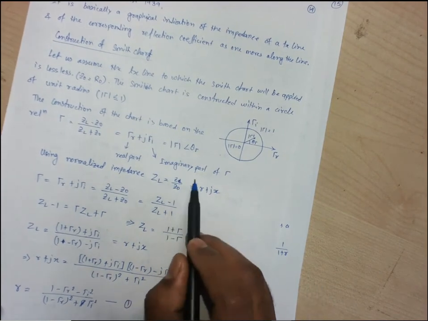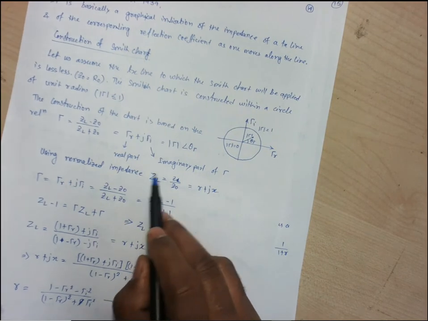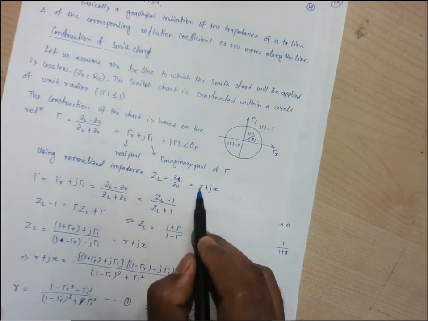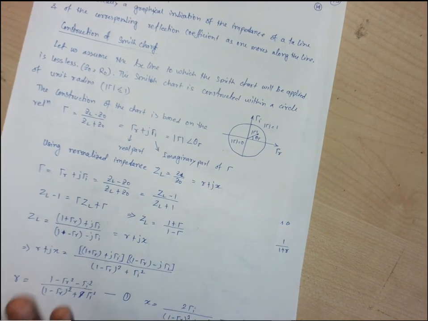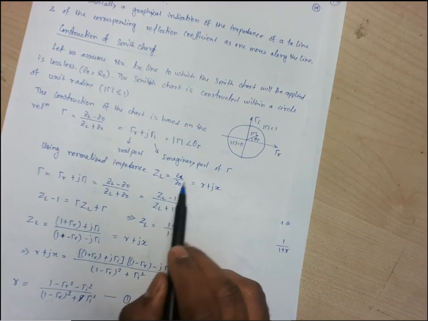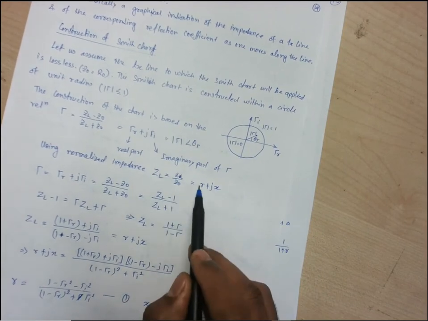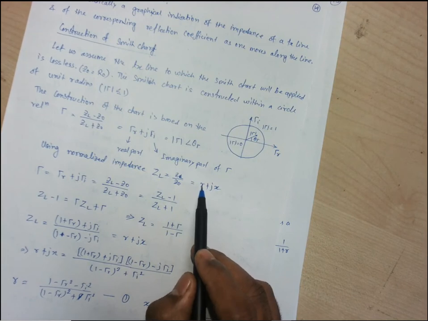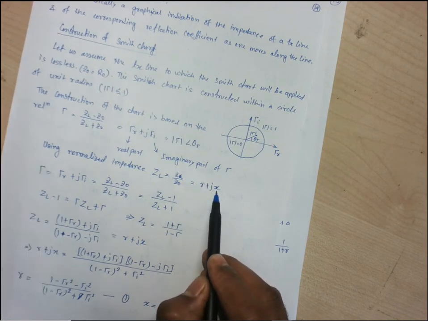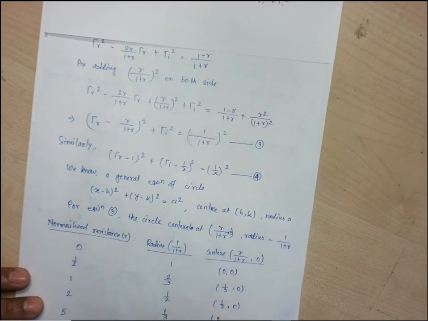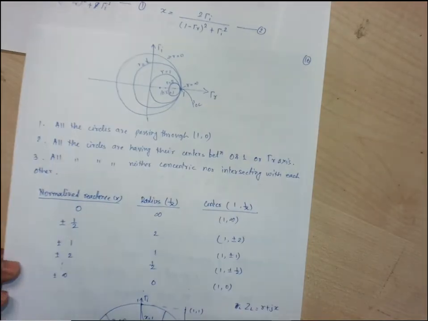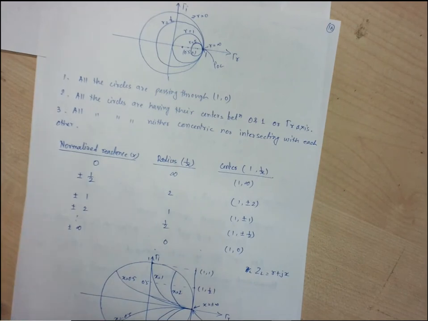So it will never produce a normalized impedance level which is beyond that maximum value of R, because whatever the characteristic impedance we may have, whatever the value, we have already normalized that value. That has produced this resistance and this reactance. So for this resistance we have the maximum radius value of 1. So we can have this circle with maximum radius value. If we consider some other radius, that is not possible.